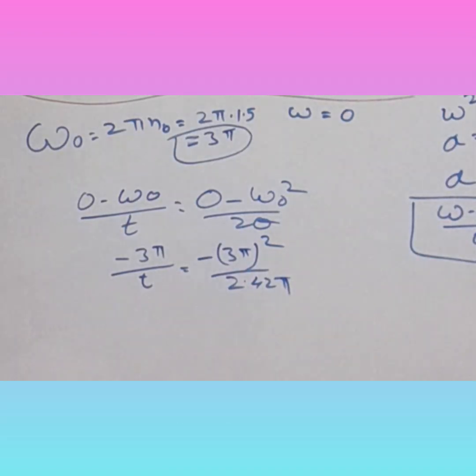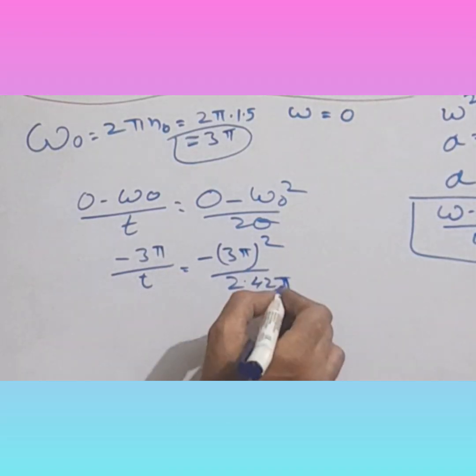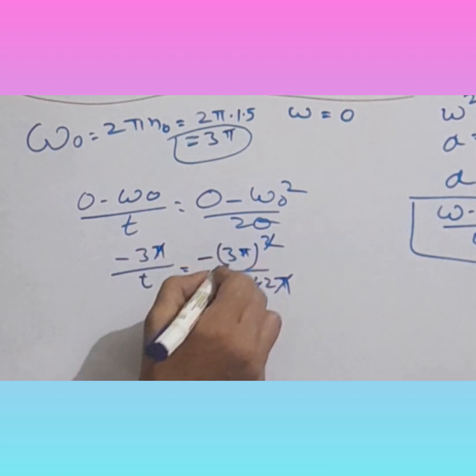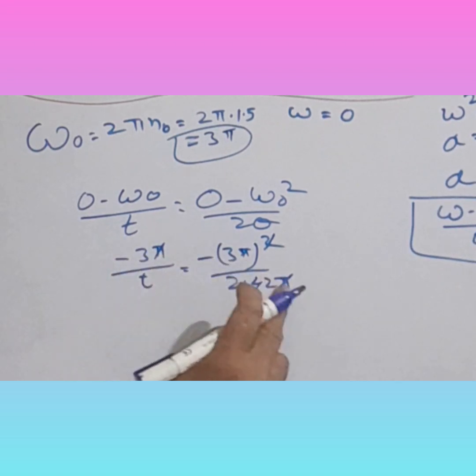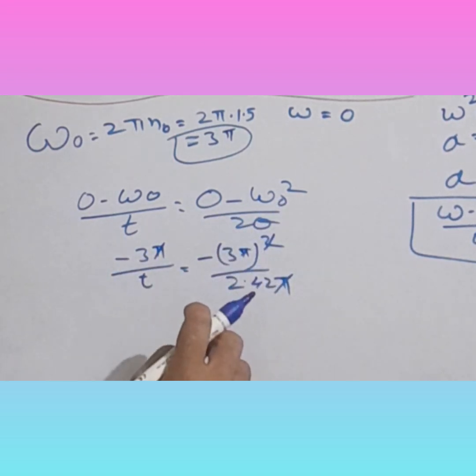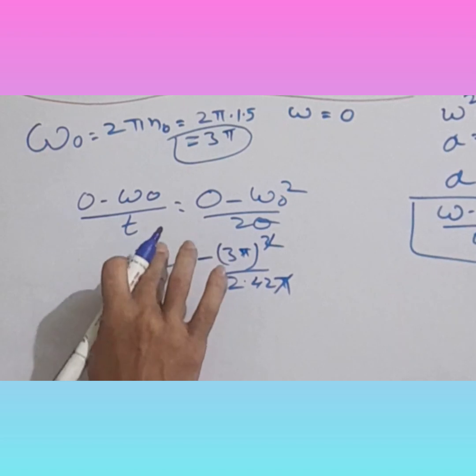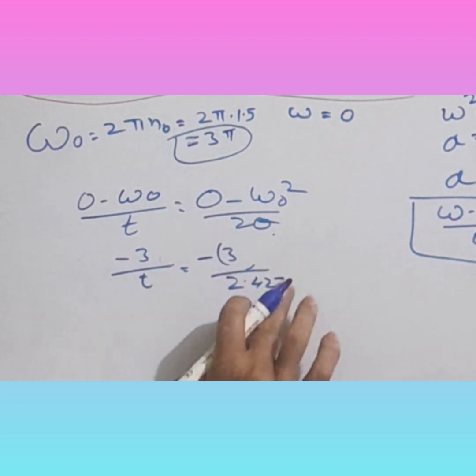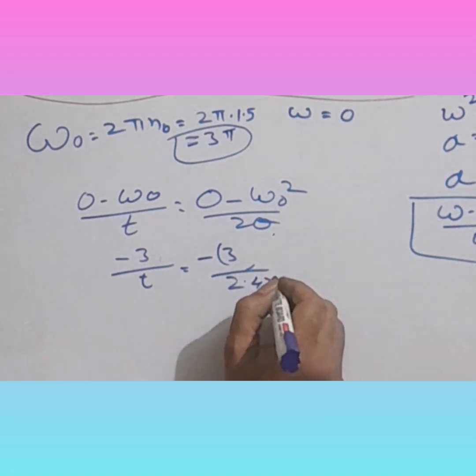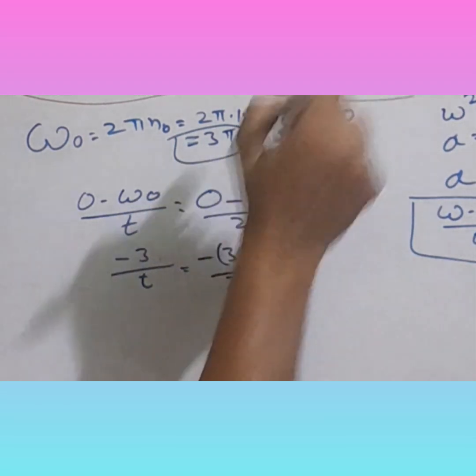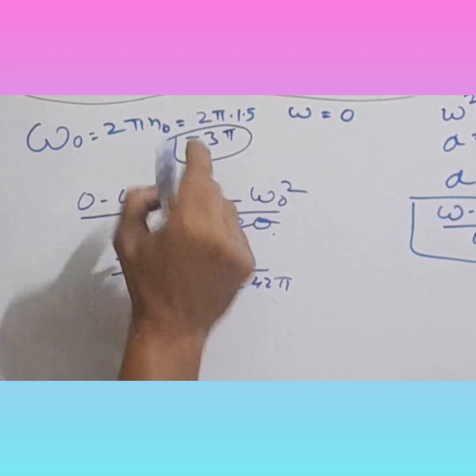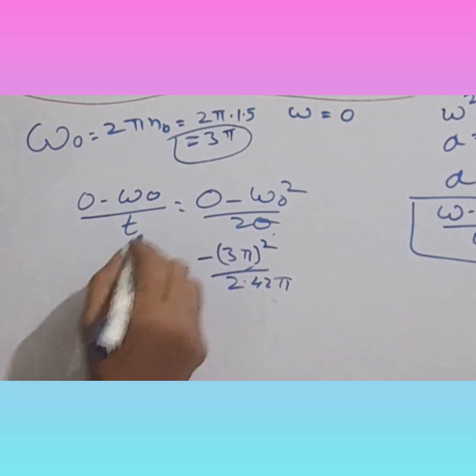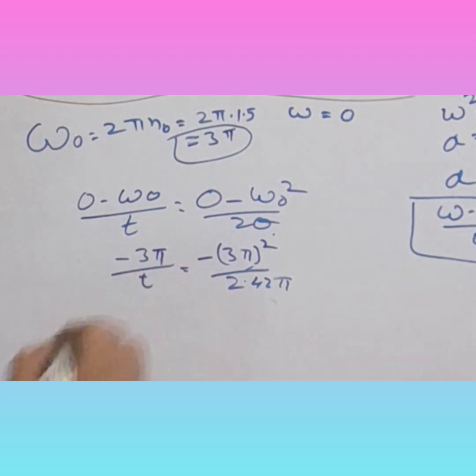So what do I do? One pi of this goes and this goes, and one pi from here goes and here goes. I hope you understood. For example, if I take this pi down, it becomes pi square and then it gets cancelled. Do you want me to do it that way? Okay, I'll do it that way also. So it is 42 pi, and this was 3 pi square, and here also we had 3 pi.